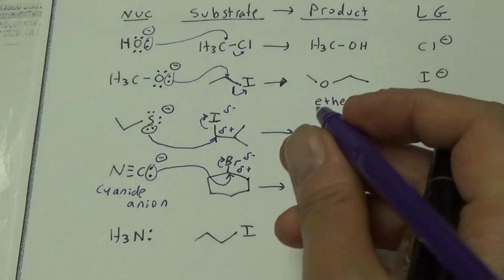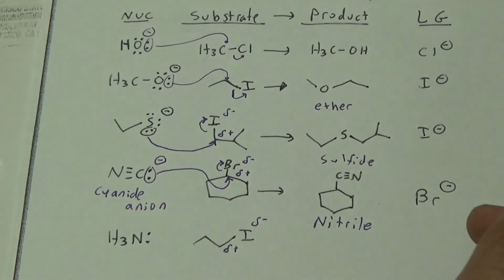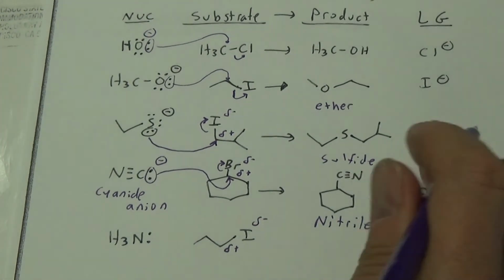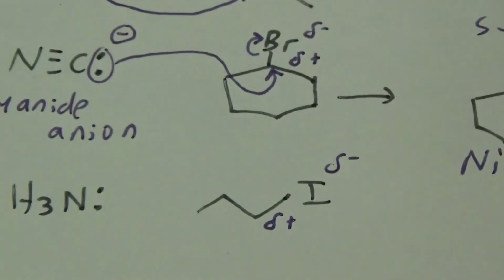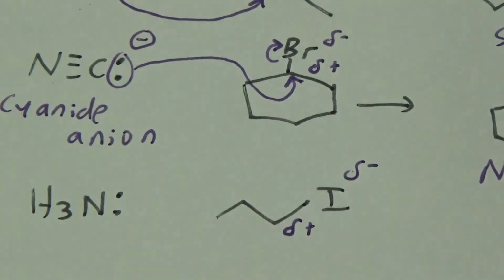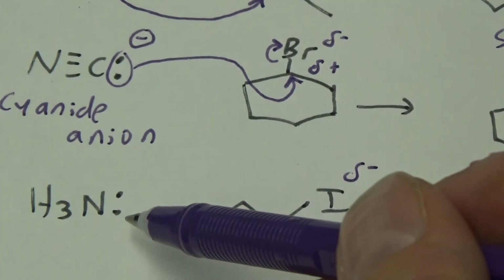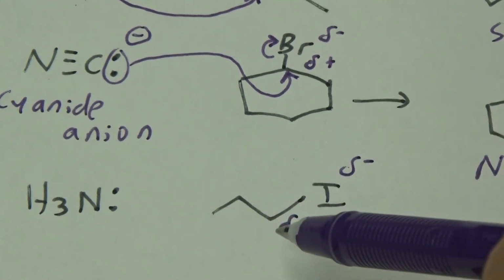And delta negative, delta positive. The carbon is delta positive, right? And where's that nucleophilic lone pair going to attack? Nitrogens are nucleophilic often, and so it's going to attack the carbon.